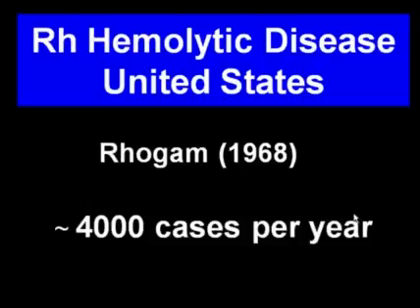Despite the use of ROGAM, which was introduced in 1968 in North America, today it is estimated that there are approximately 4,000 cases of fetal anemia due to Rh hemolytic disease.